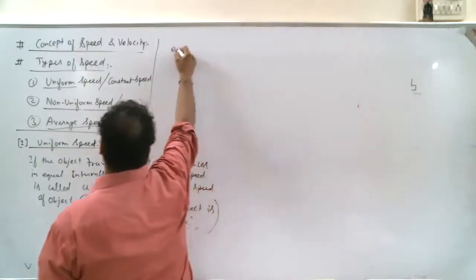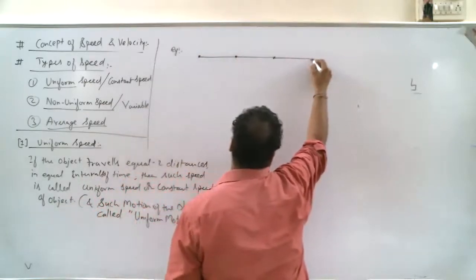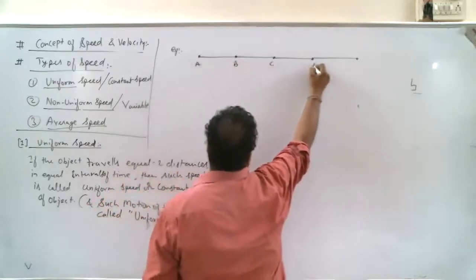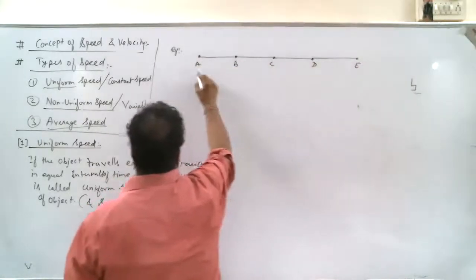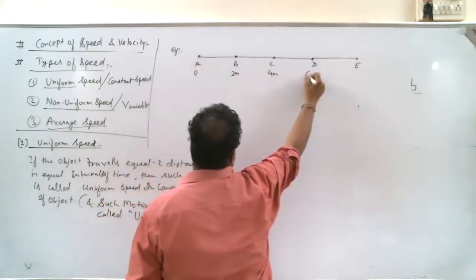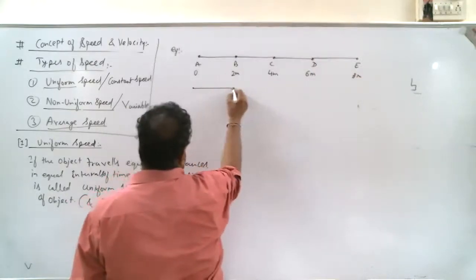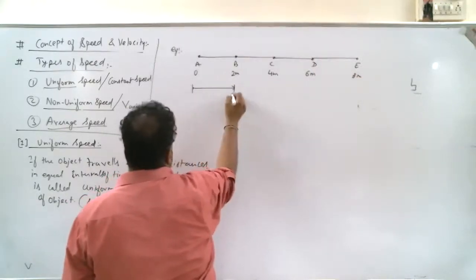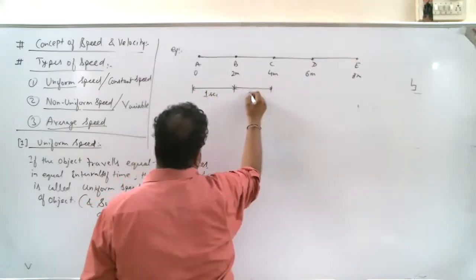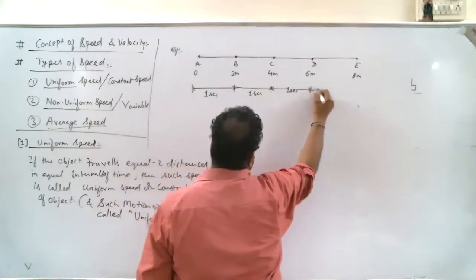For example, suppose the object has moved from A to B, B to C, C to D, D to E. Let's suppose this is 0, this is 2 meter, 4 meter, 6 meter, 8 meter. And suppose in every portion it is taking 1 second of time: 1 second, next 1 second, 1 second, 1 second.